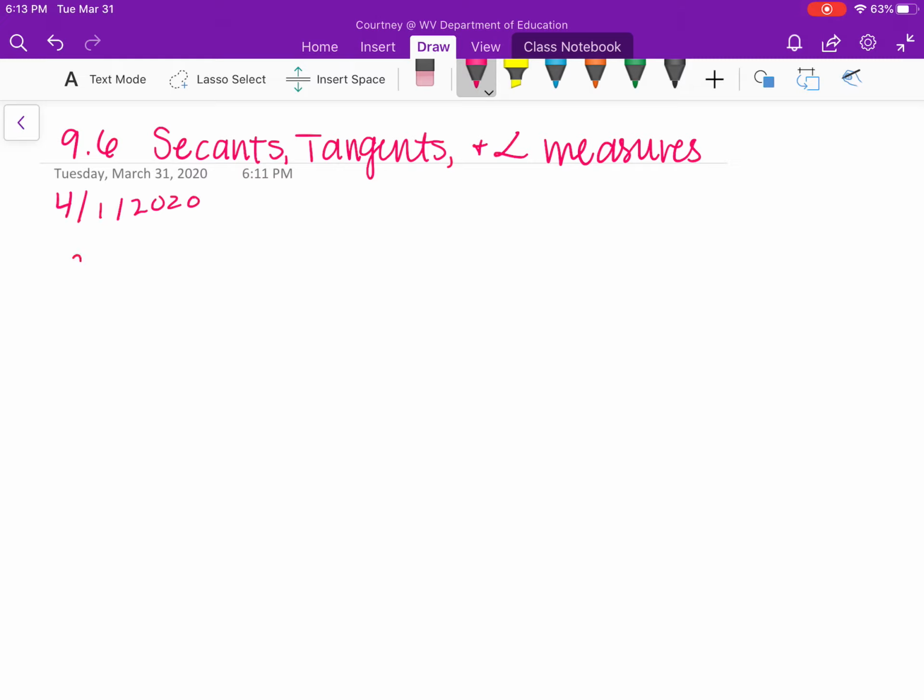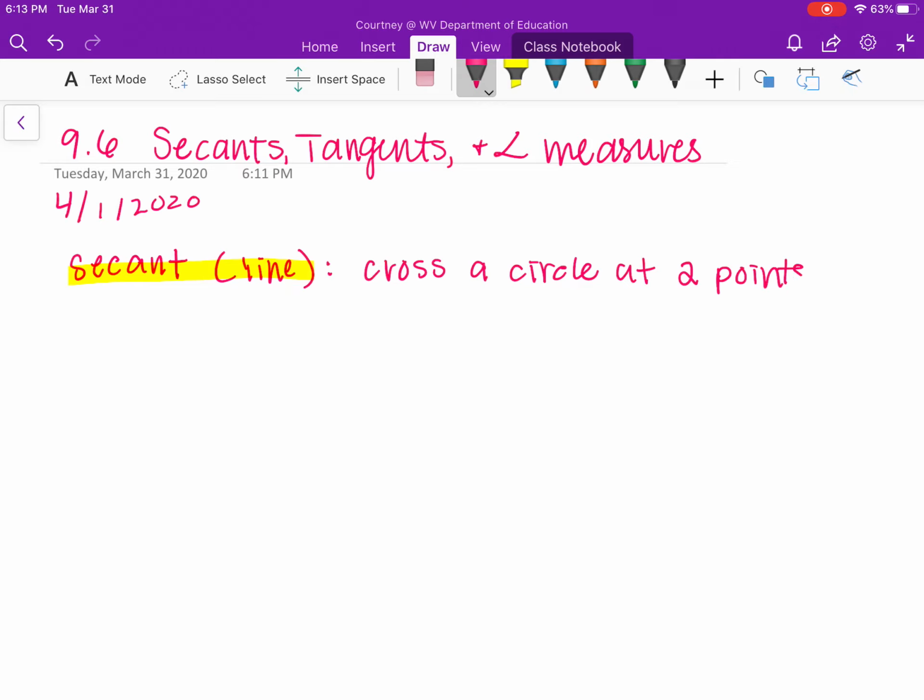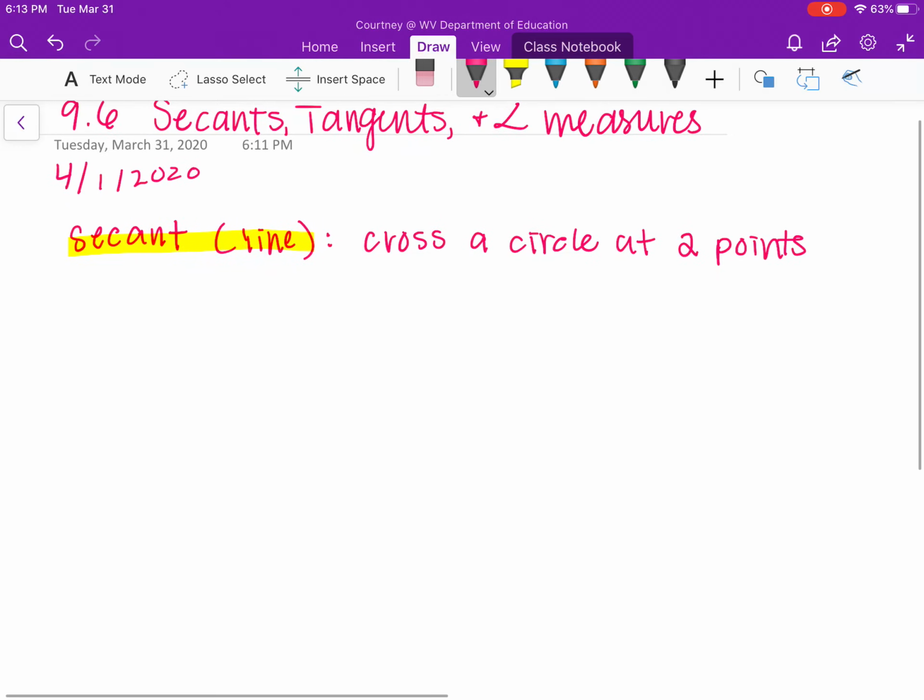What is a secant? A secant, also known as a secant line, is kind of like a tangent line, except secant lines cross a circle at 2 points. Just like a tangent line crosses through a circle at 1 point, a secant line crosses at 2 points.